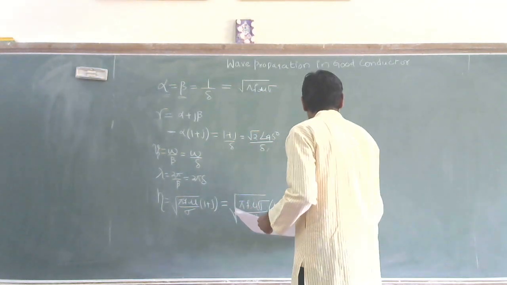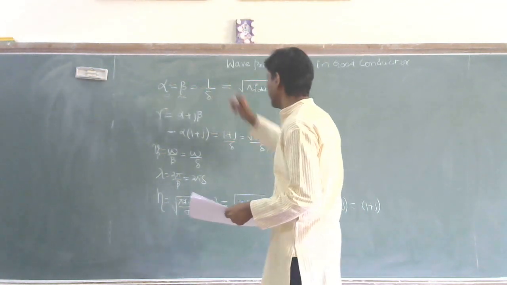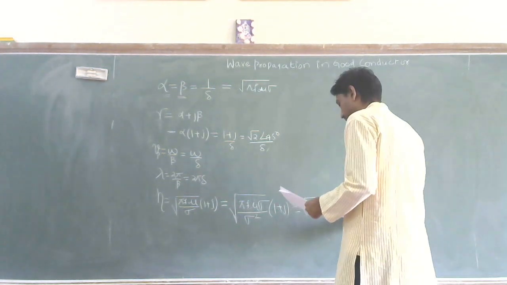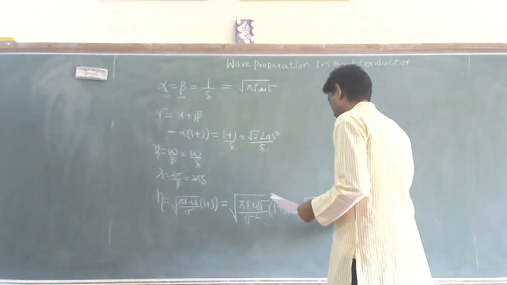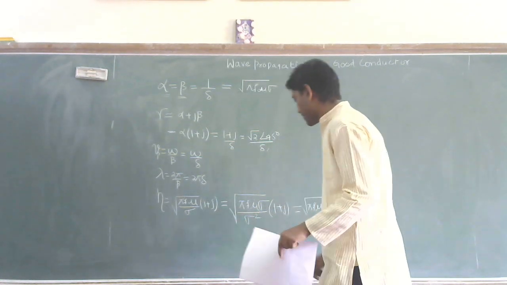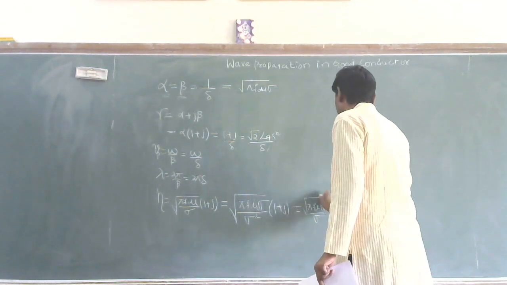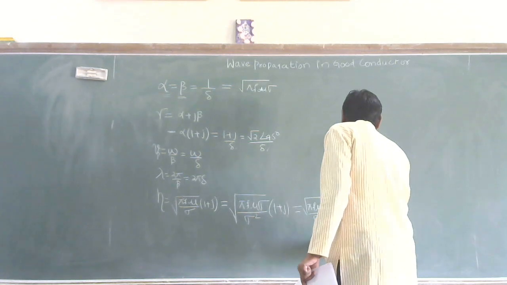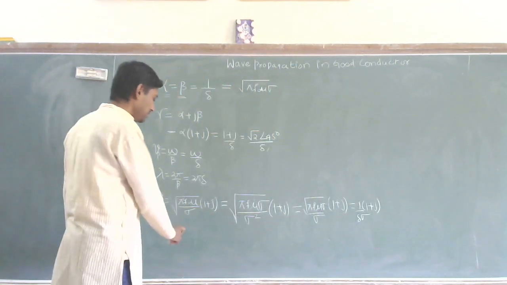I'm sorry, this root of pi f mu sigma is equal to 1 by delta. So this will be equal to 1 by delta, and we have the root of sigma squared equal to sigma. So this is 1 by delta sigma. That's quite simple.